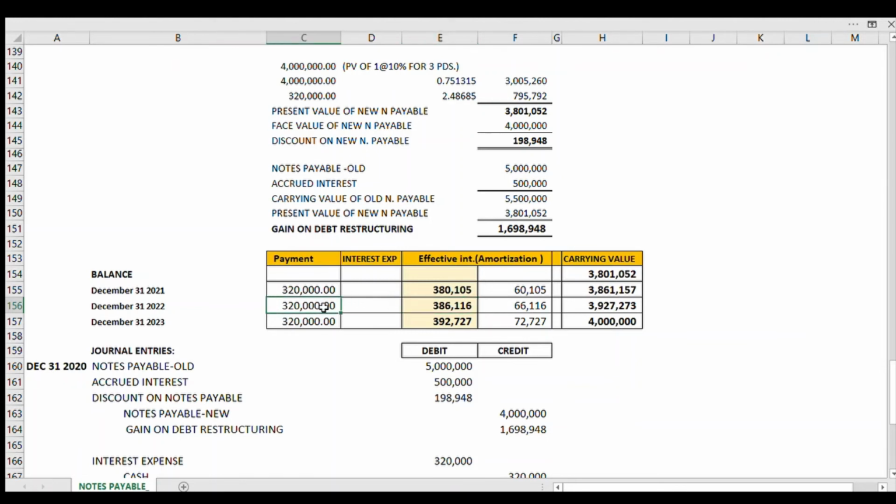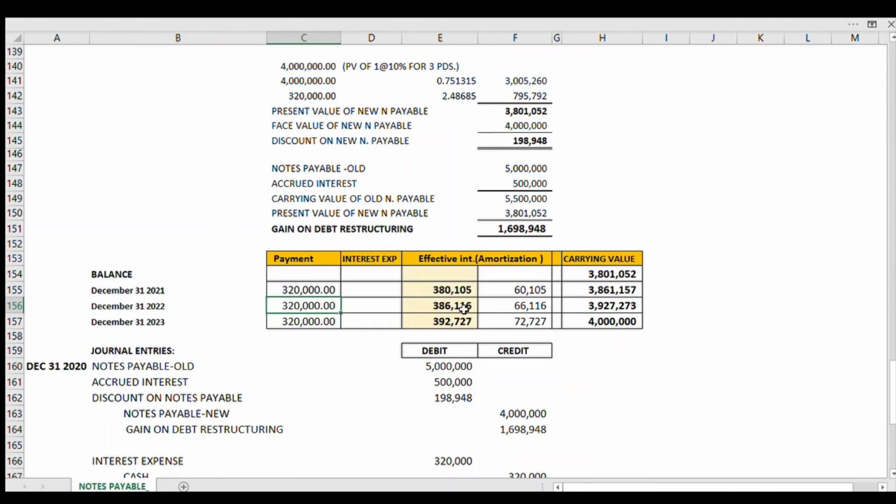Okay, to be more precise, this 320,000, ano, bakit 320,000 ang payment? This is 4 million multiplied by 8%. Kaya 320,000 ang kanyang payment per year. Okay?